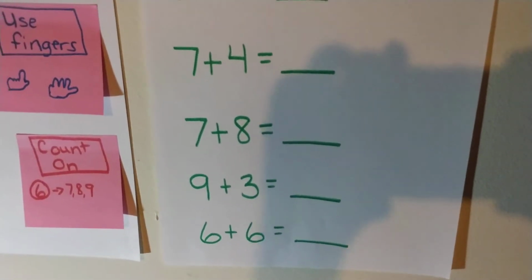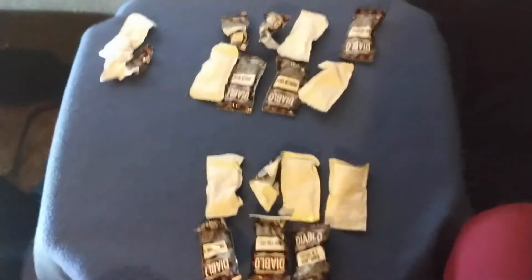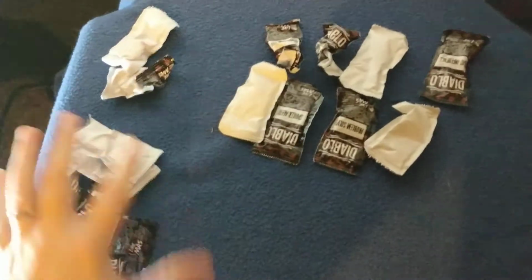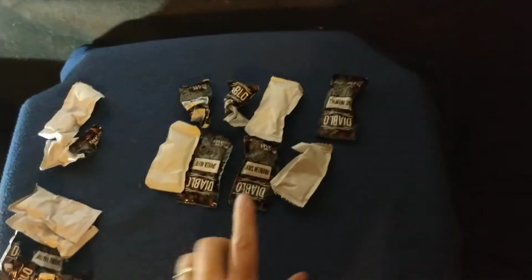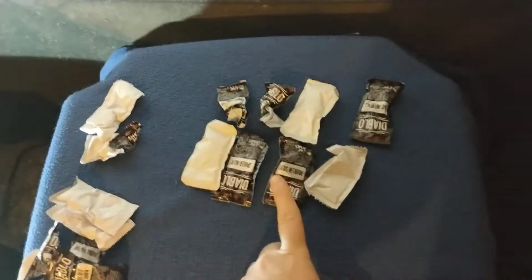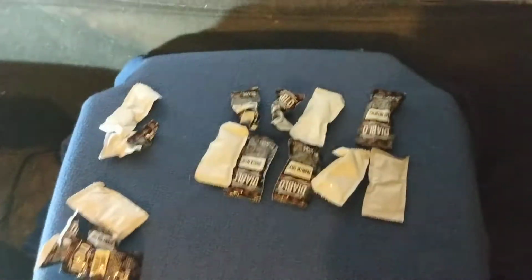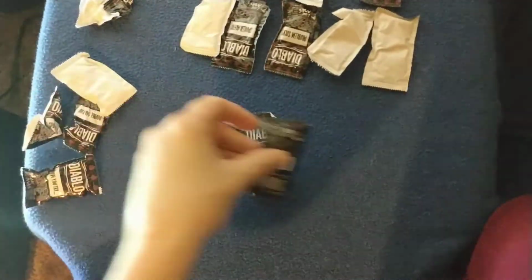Very good. All right. 9 plus 3 is our next one. So I'll move these out of the way. Now I remember I had 8, so I'm going to make this into 9. It makes it faster. Now I have 9 plus 3. 1, 2, 3.